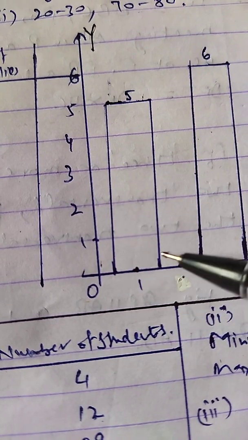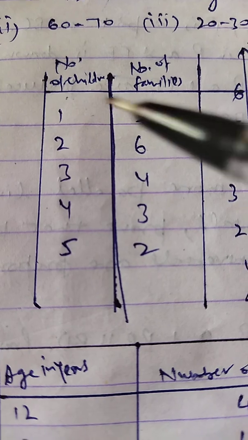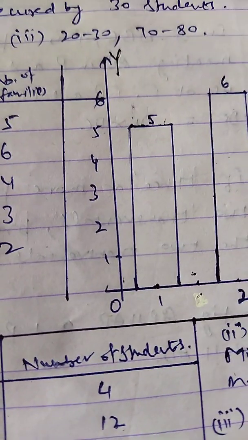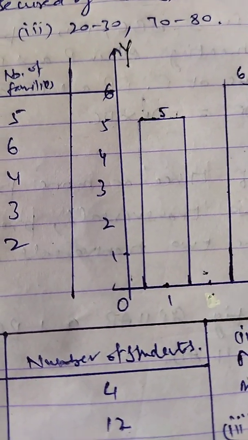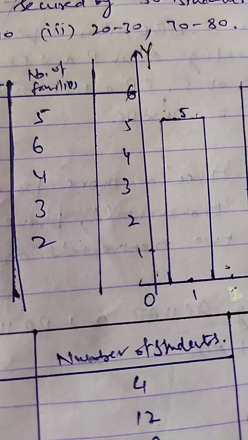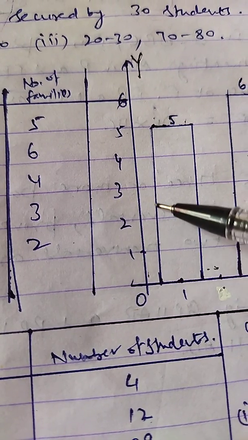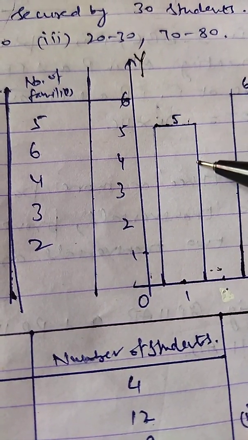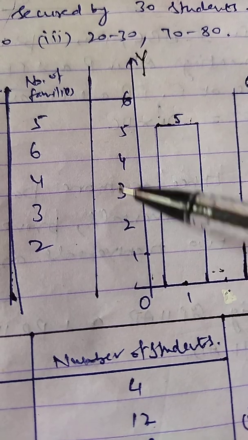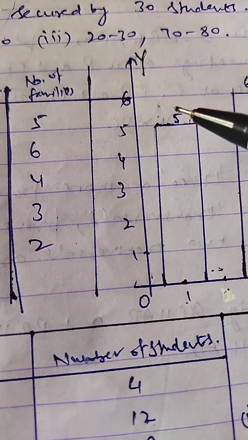The first bar is of 5, 1 child in 5 families. So I have mentioned the number of children along the x-axis and the number of families along the y-axis. I will draw this graph up to a maximum of 5.